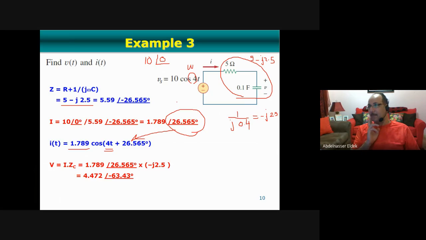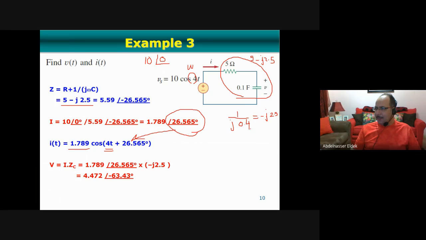Regarding the voltage across the capacitor, I want to calculate V, not only I. So what is V? V equals I times Z. This is Ohm's law: voltage equals current times resistance. Here, voltage equals the current in the capacitor times the impedance of the capacitor, so it will be I times ZC.